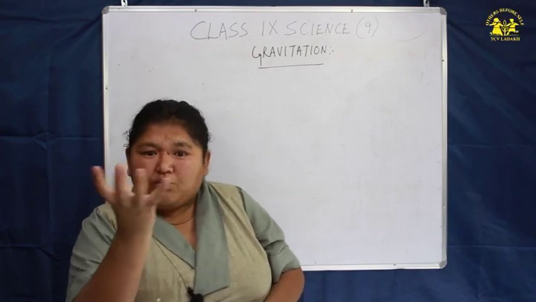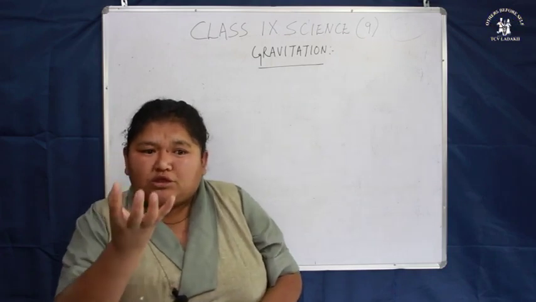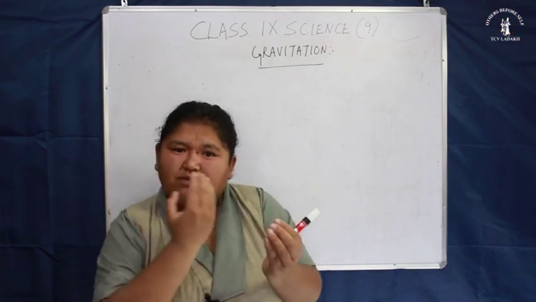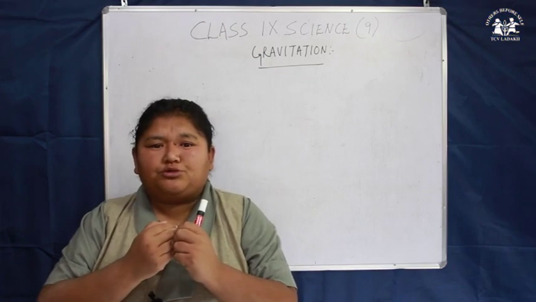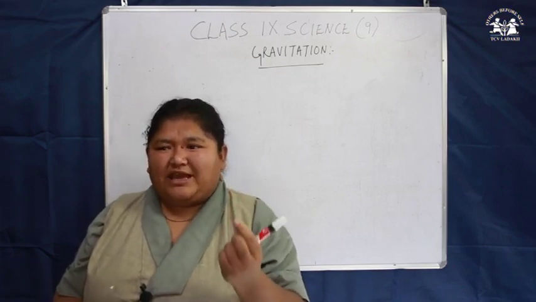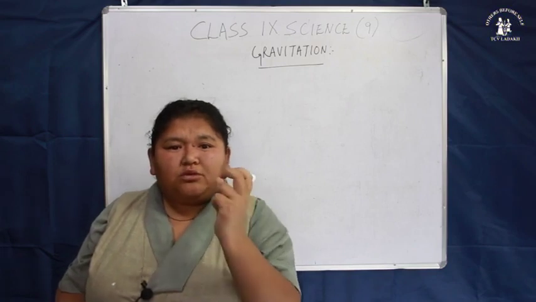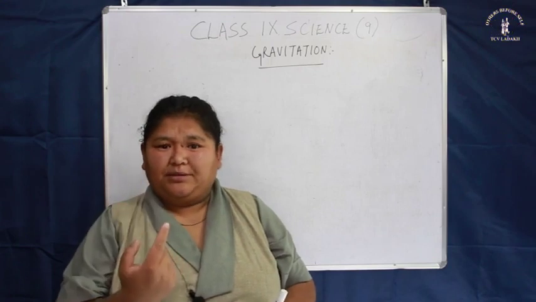But then, while moving around in the circle, we do not see the moon falling towards the earth. That is because of the centripetal force acting on the moon. Because of the earth's centripetal force acting on the moon, it keeps on moving around in a circle.